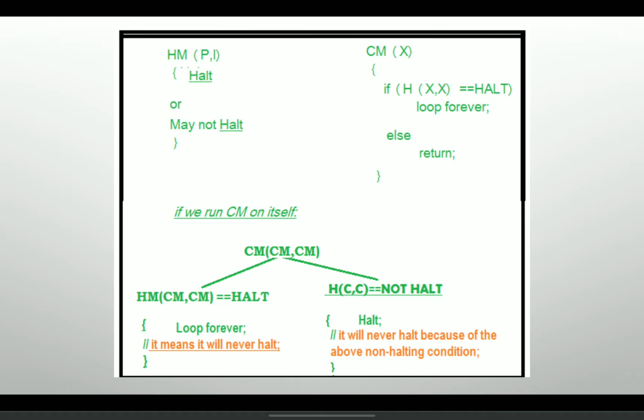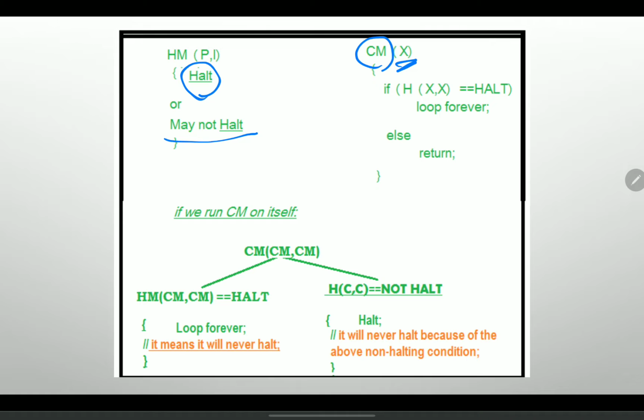On taking both arguments as input, the machine HM will tell whether the program P halts or does not halt. If we design such a program, this allows us to write another program, and let us call this program CM of x, where x is any program which is taken as an argument.